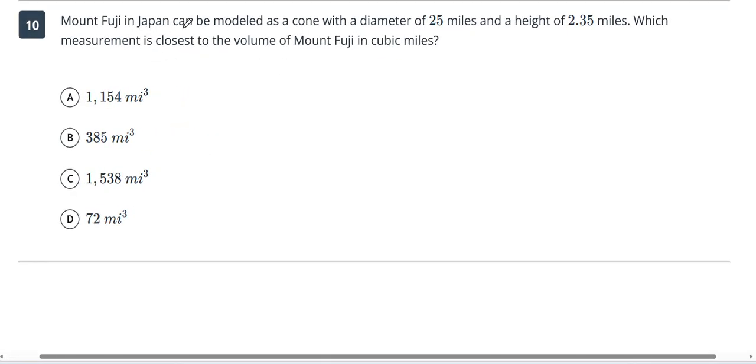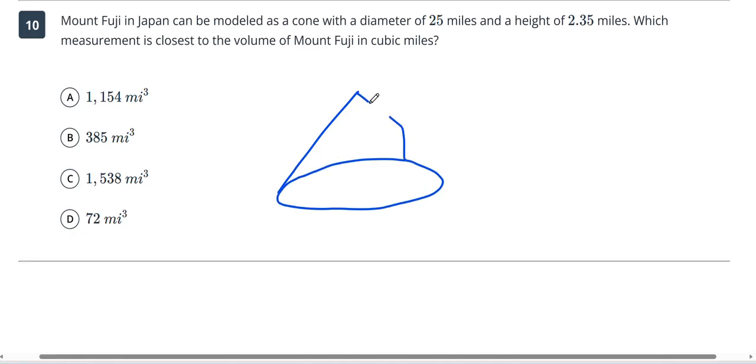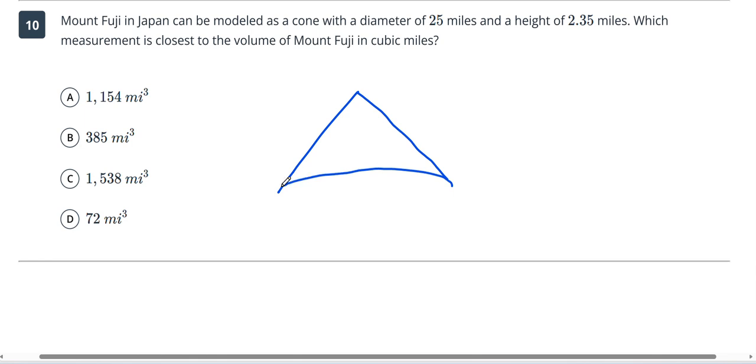Okay, Mount Fuji in Japan can be modeled as a cone. Okay, so cone, I'll draw a big base since it's a big old mountain. With a diameter of 25. Remember the diameter, you don't use that one, right?